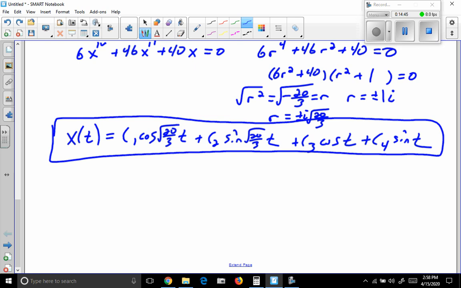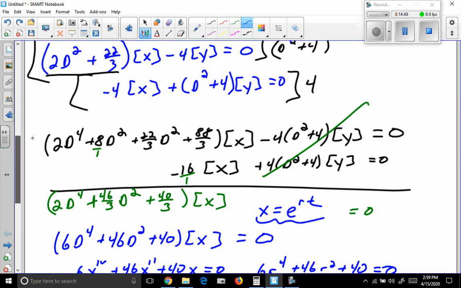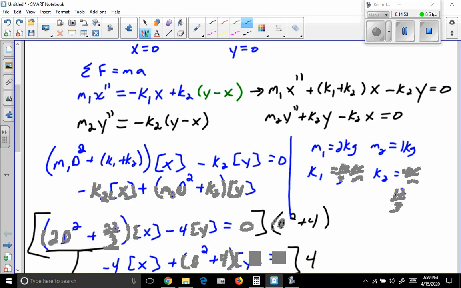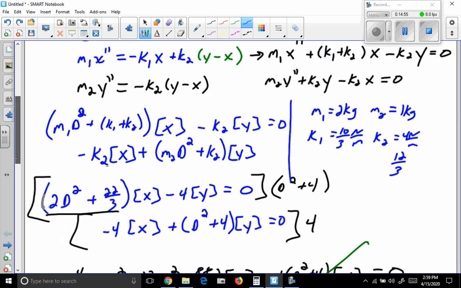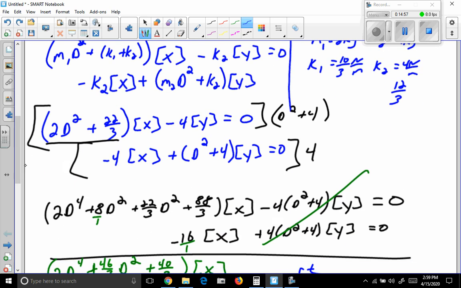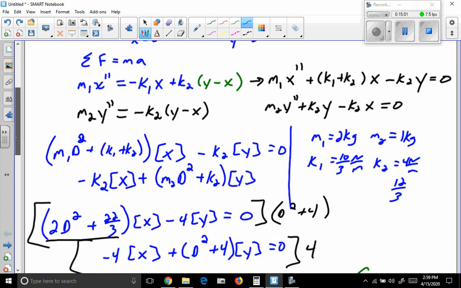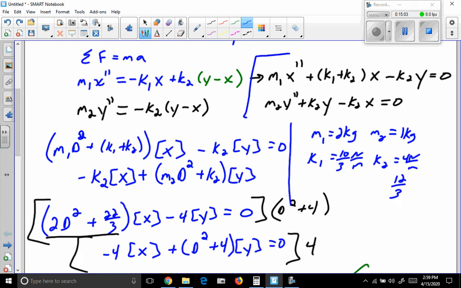We need to find a solution for y. So if we go back to our system of equations and look here, this top equation we could easily solve for y, which is this one.